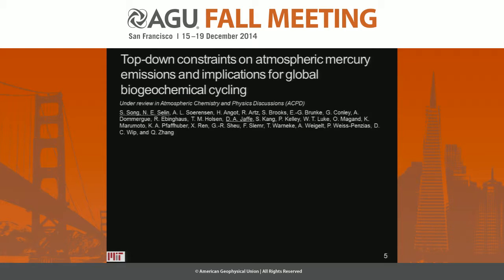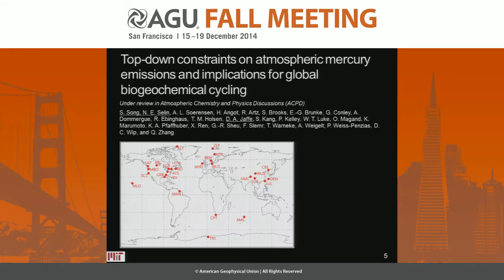In our recent work, called top-down constraints on atmospheric mercury emissions and implications for global biogeochemical cycling, which is under review in ACPD, we collected GEM concentrations from 27 surface sites around the globe and quantified mercury emissions and several parameters in a GEOS-Chem model using an inversion approach.